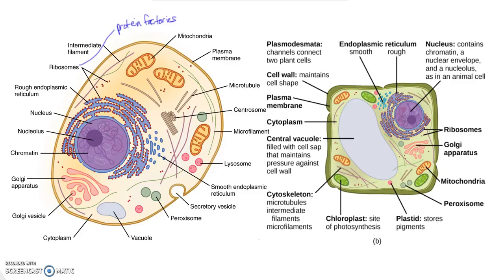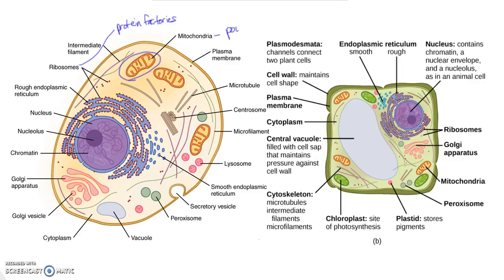Okay, working our way around the cell, another organelle I want to point out to you, or organelles, is the mitochondria. And notice that in the animal cell it shows multiple mitochondria, the same thing for the plant cell. Different cell types will have different numbers of mitochondria based on their energy need, because what is a mitochondria?